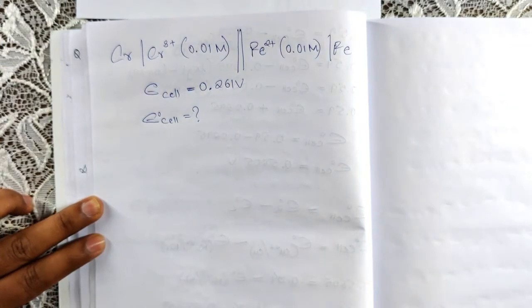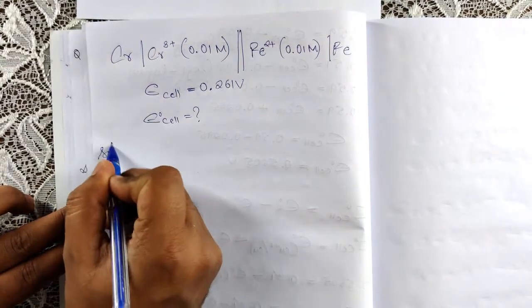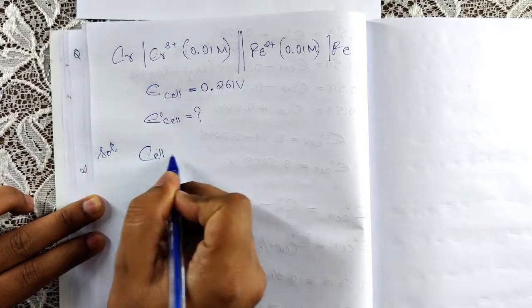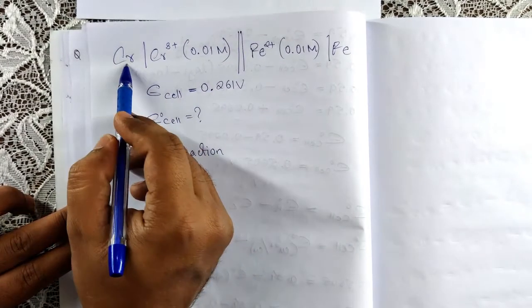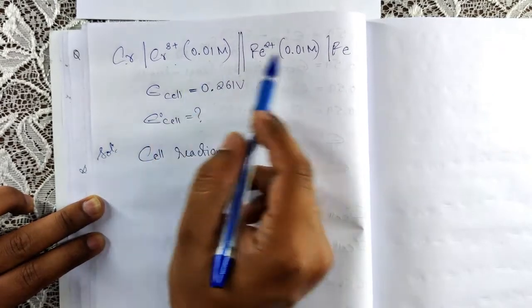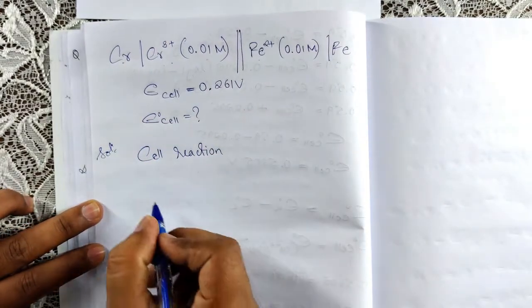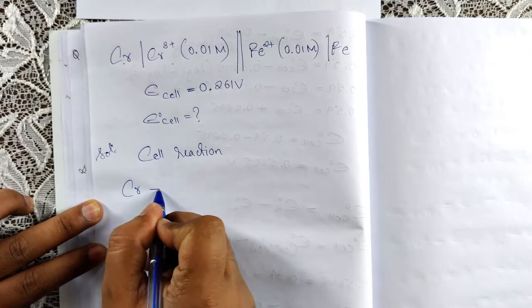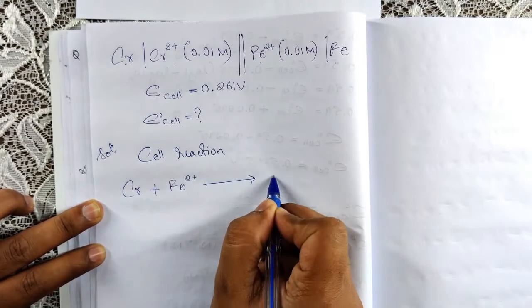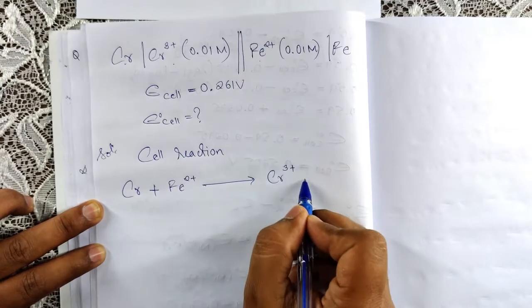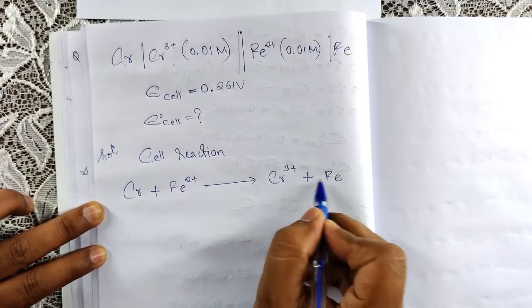So what did I say? Our first step is to write the cell reaction. So this is your 1, this is your 1, this is your 2, this is your 2. Easy way to remember. Cr plus Fe2 plus, then give Cr3 plus Fe.